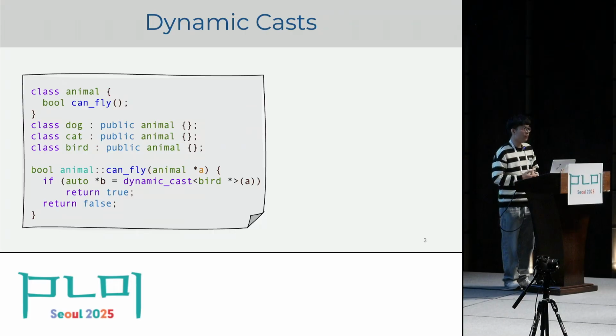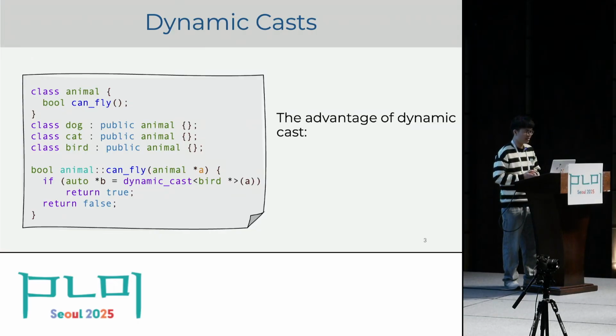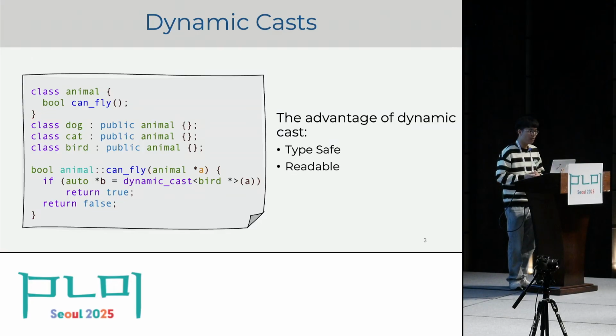If we want to know whether the current object can fly, we can use dynamic_cast to check if the current object is instantiated from class Bird. What's nice about dynamic_cast is that it is type safe, so you don't risk casting to the wrong type. And it helps us keep the code readable and maintainable.